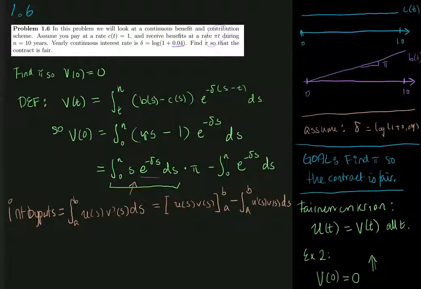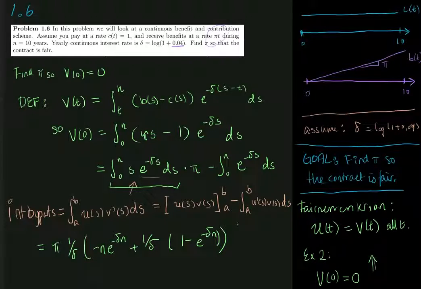Because then after a couple of calculations, you should get the following result, that this above is equal to pi multiplied by, and then this next part is what you should get from the partial integration, pi multiplied by 1 over delta multiplied by minus n times e to the minus delta n plus 1 over delta multiplied by 1 minus e to the minus delta n. So that's what the first integral evaluates to.